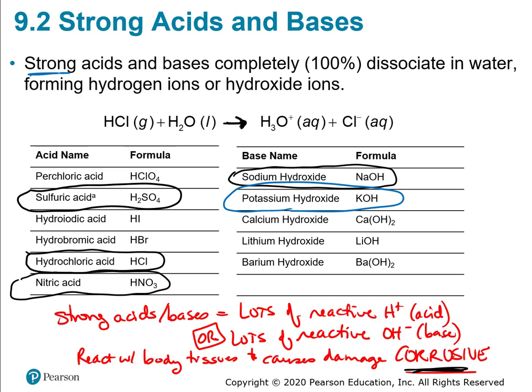Back in chapter 8, if it's a strong electrolyte, the arrow goes from left to right, always. The arrow goes in one direction. 100% of ions are formed. So the acid's completely split up into ions, and the base is completely split up into ions if they're a strong acid or base.